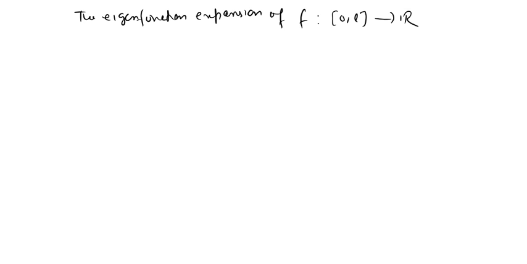Now I write the eigenfunction expansion of f. f is, so what you have is a linear combination, n equal to 1 to infinity, Cn and the orthogonal eigenfunctions sin n pi x by L. But here we got one extra from the constant, so you can add that constant here.